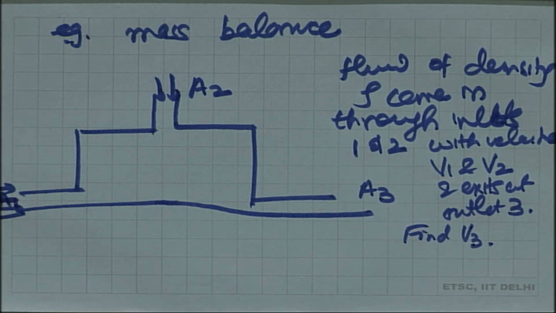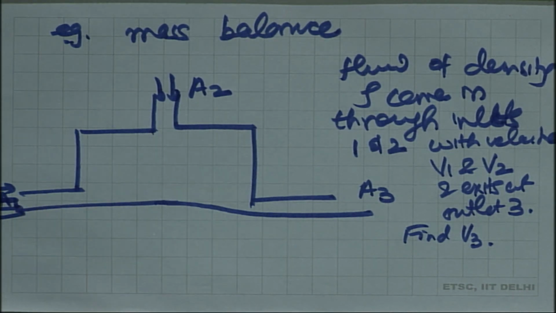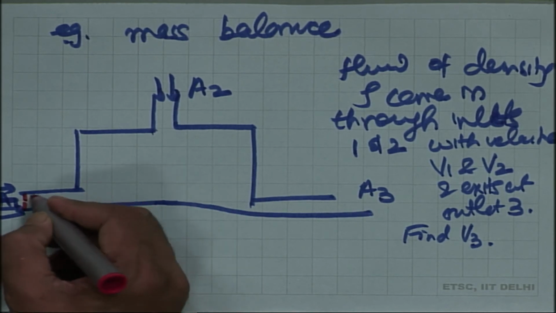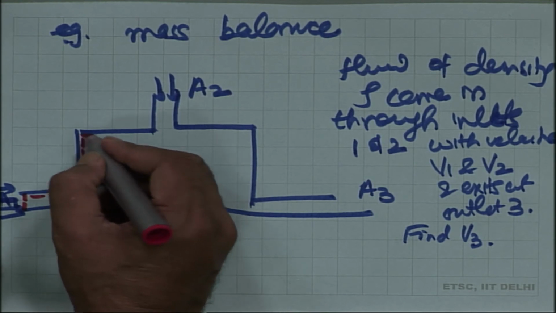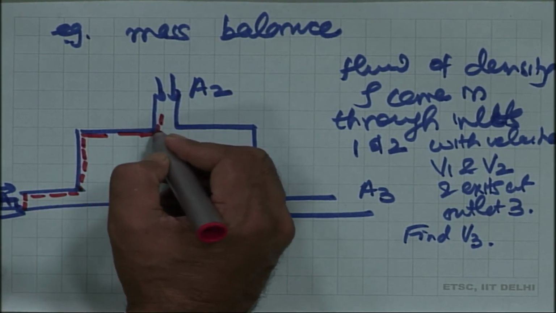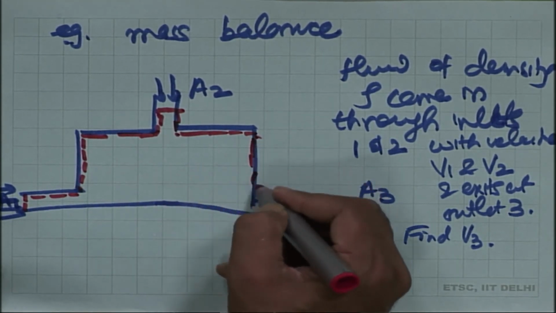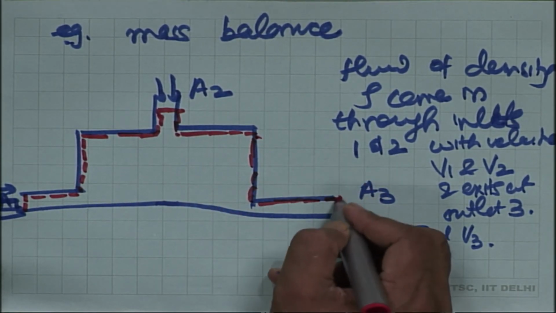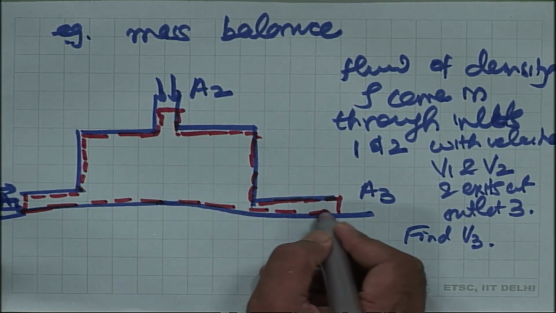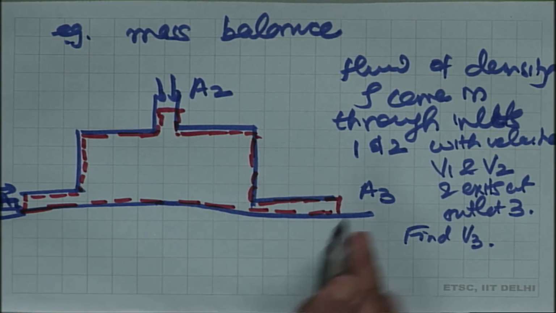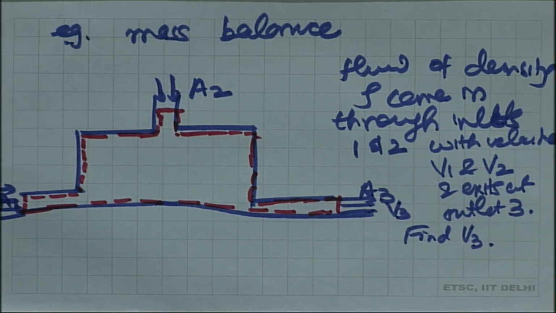Find V3. So, here what we do is, I will use red color. I make a control volume, showing the control surface in red, cutting A1 just perpendicular to the velocity. Of course, it has been assumed that velocities are uniform across areas.